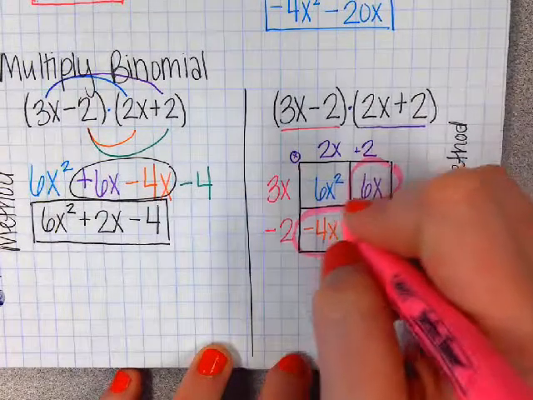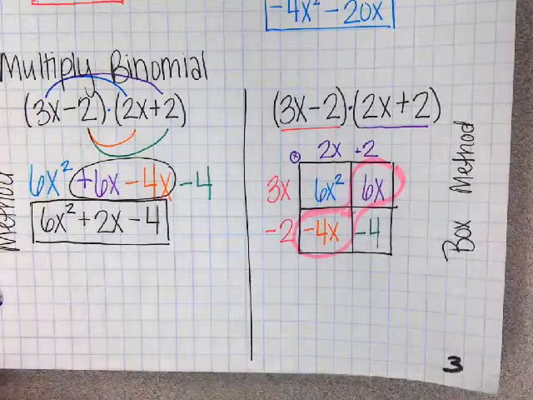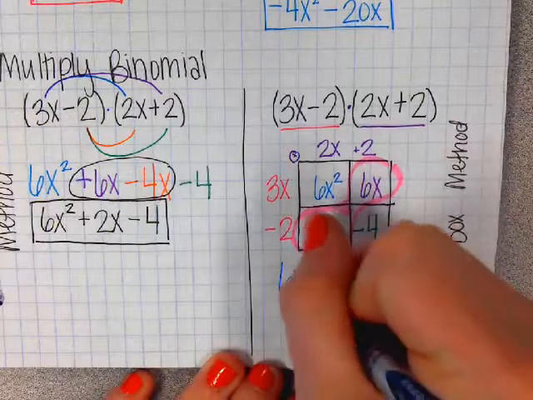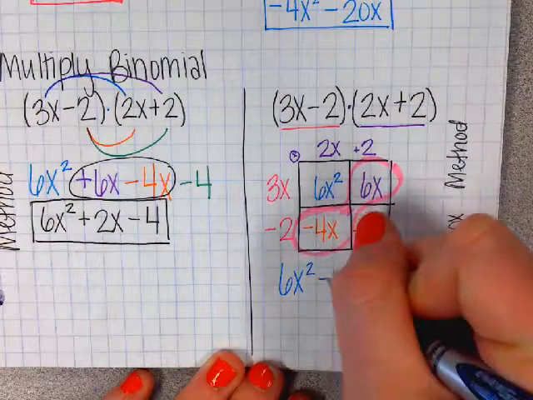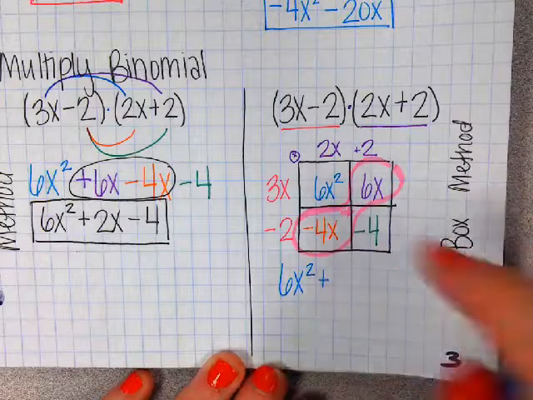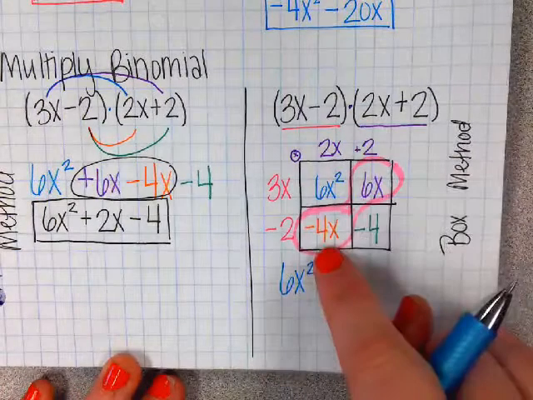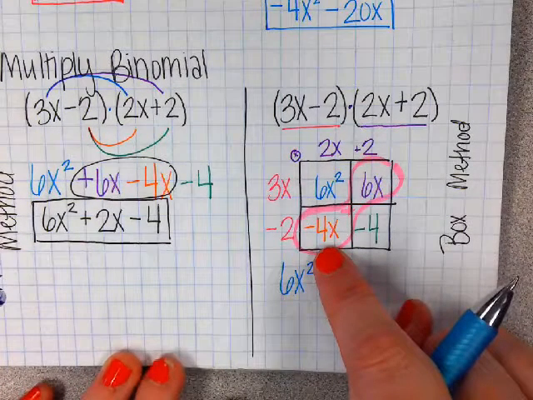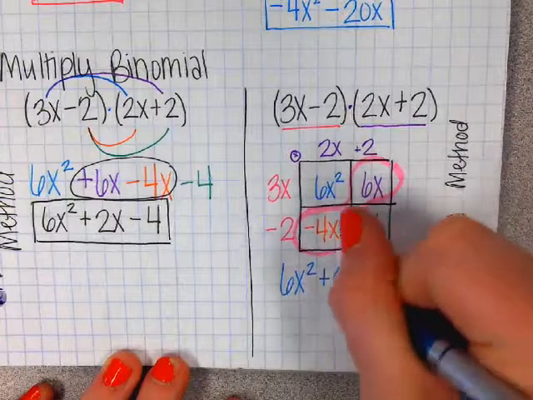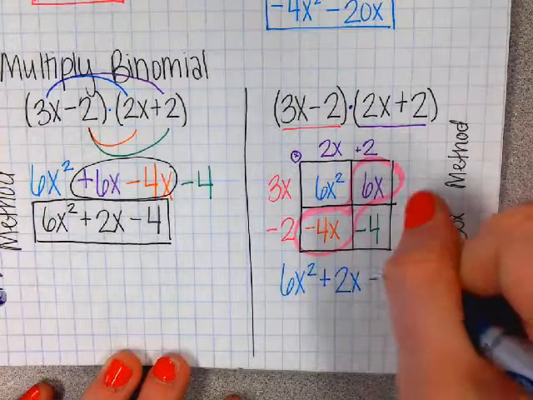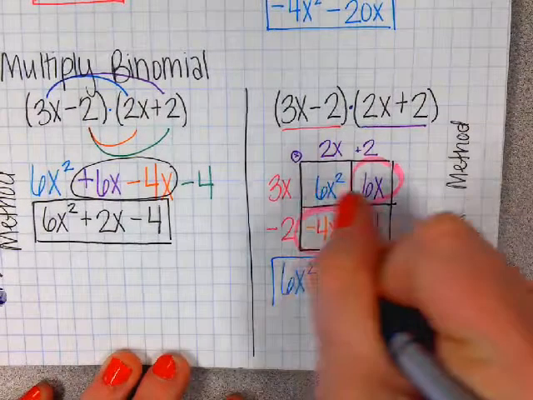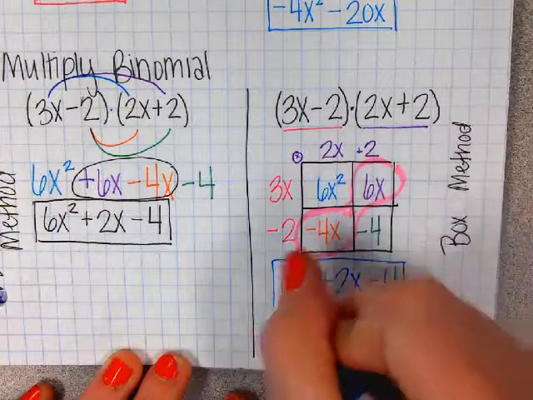So you'll always see me put a circle around these, and I'm going to combine those. So we have 6x squared, and then you're going to add all the terms together, just like we were doing over here. What is 6 minus 4? 2x, and then minus 4.